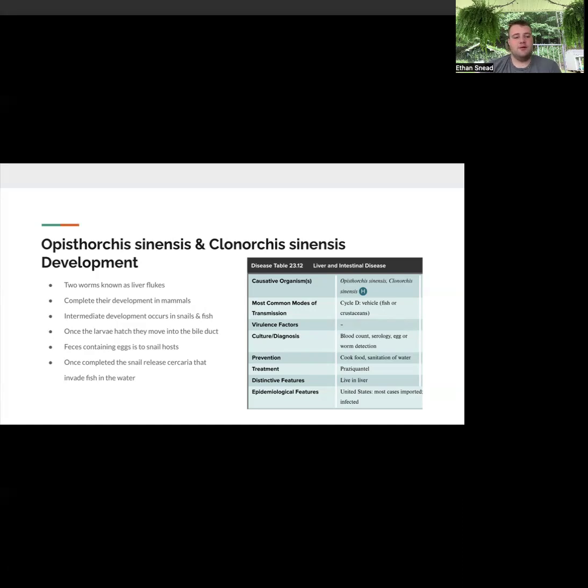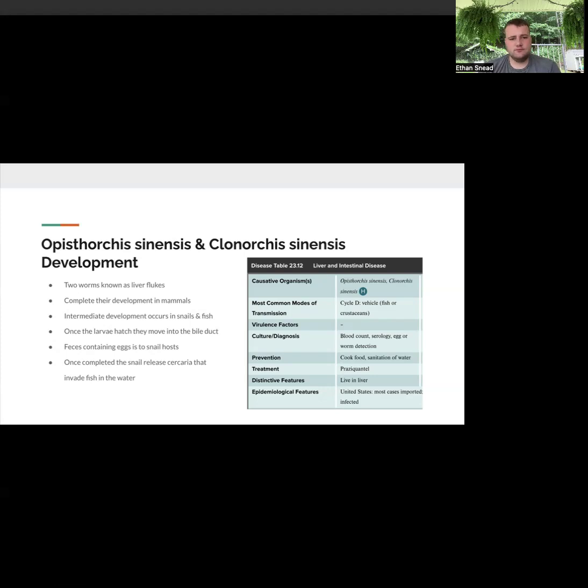Their development cycle is completed in different mammals, such as humans, cats, dogs, swine, and types like that. The intermediate development of these two liver flukes occurs in snails and fish hosts. Humans can gain these by ingesting inadequately cooked or raw fish.